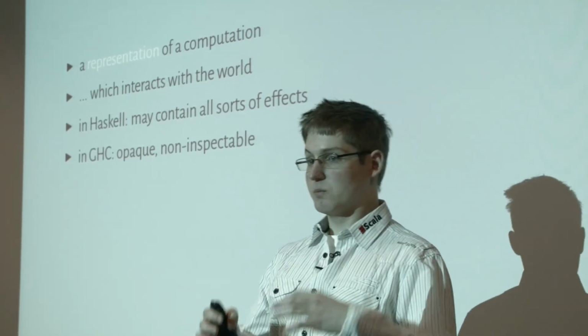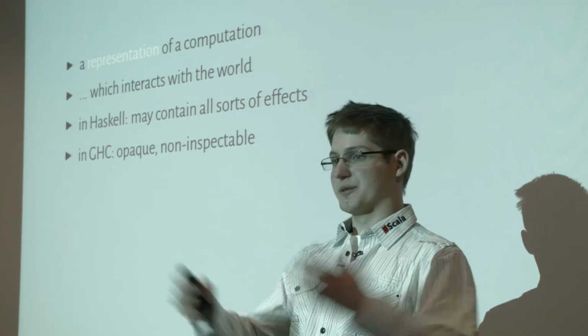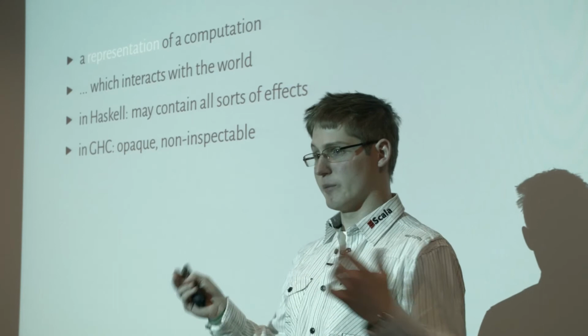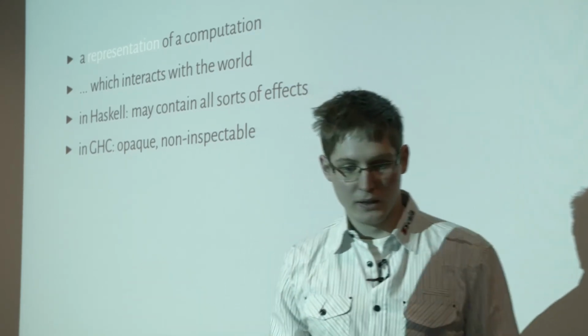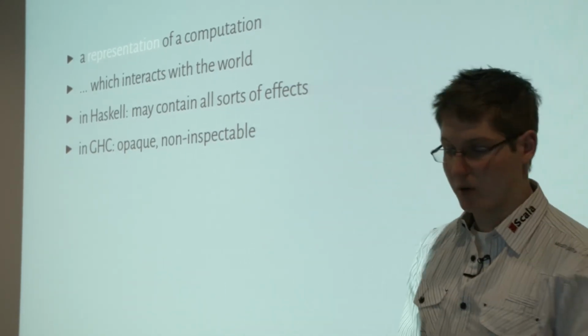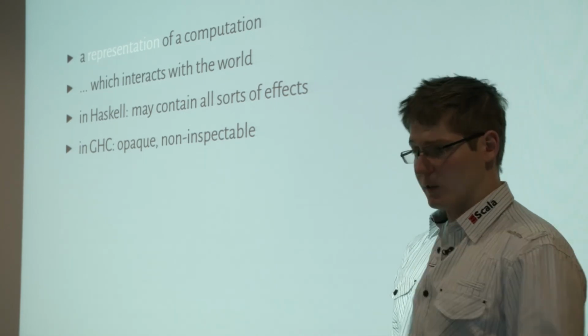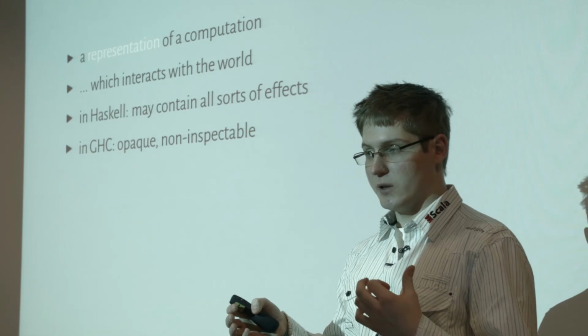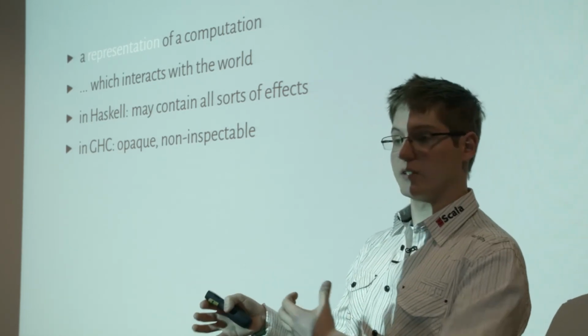It's kind of the super monad, which has all sorts of things in there. Asynchronous computation, network access, terminal I/O, whatever, you name it. Additionally, IO in GHC is opaque and non-inspectable. So if you're calling a function of type IO A, you can't really introspect what's going on in there. You can just execute it.